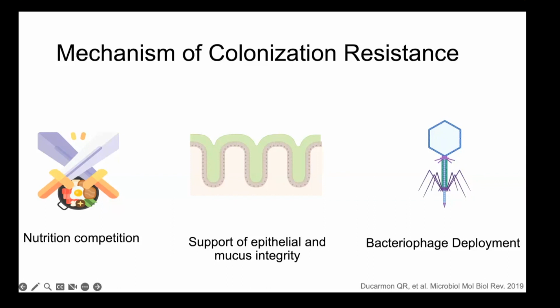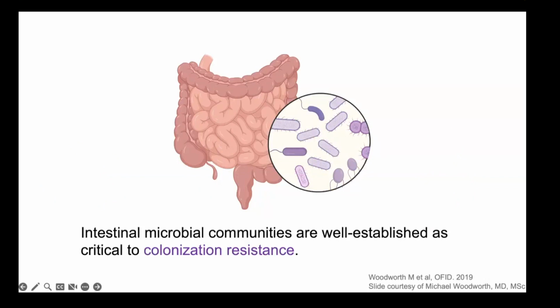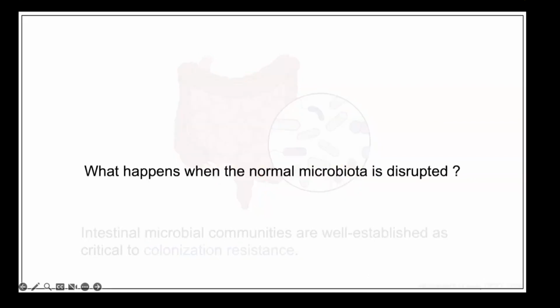And this has been shown to cause shifts in microbial communities. And so clearly it's not just the bacteria, because the bacteria get filtered out. There are other things in there that play a role in colonization resistance. And so this is all to say that these microbial communities are well established as being critical to colonization resistance.